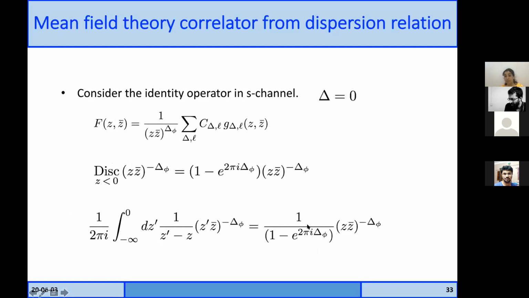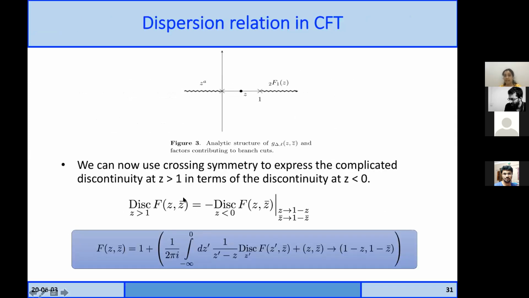Sorry, Parijat, I have a question. Yes. You're focusing a lot on the discontinuity contributions of this Z, Z bar dependence that's coming in F, right? Yes. I'm just saying this conformal block itself doesn't. Oh, you're saying that that's just the hypergeometric function. Yes, the conformal blocks have the discontinuity in Z, which is given by the hypergeometric function. No, it has both actually. It has both. Yes. Okay. Yeah.